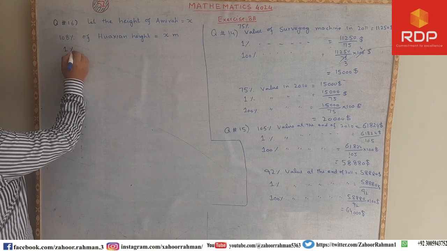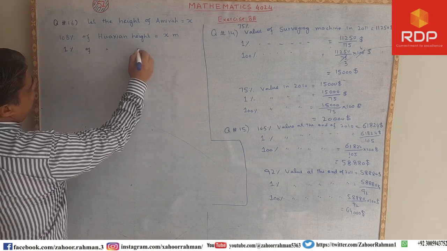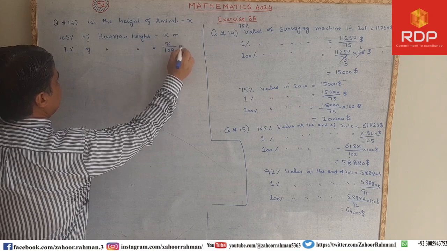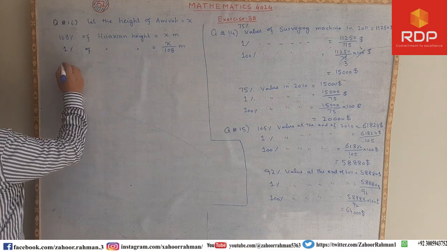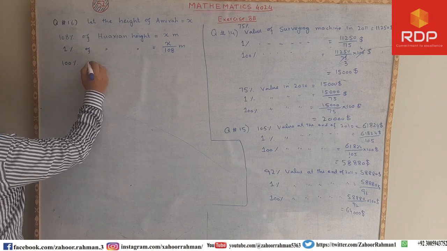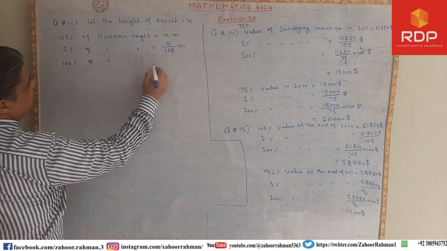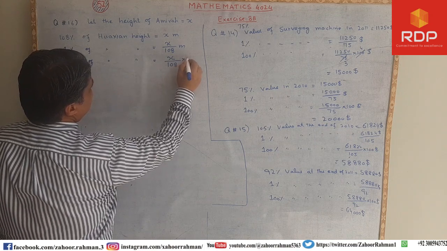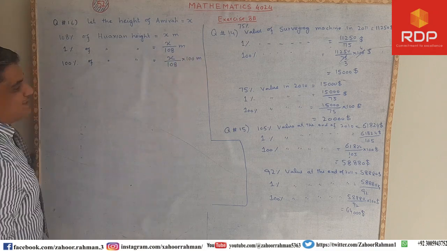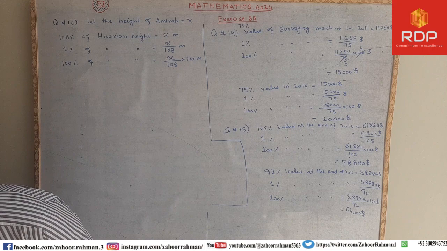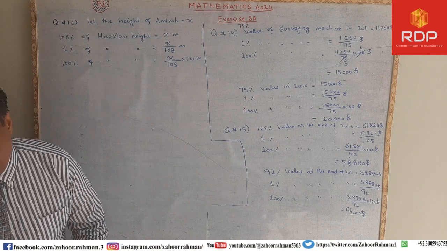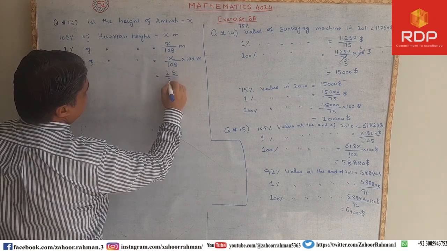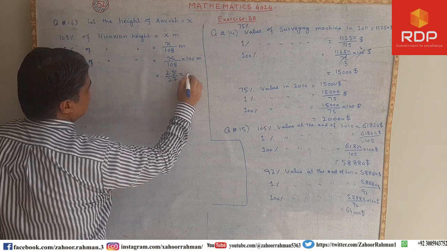Okay, 1% of Hoexian's height is equal to x divided by 108 meter. So similarly, 100% of Hoexian's height is equal to x divided by 108 into 100 meter, which is equal to 25 divided by 27x meter.